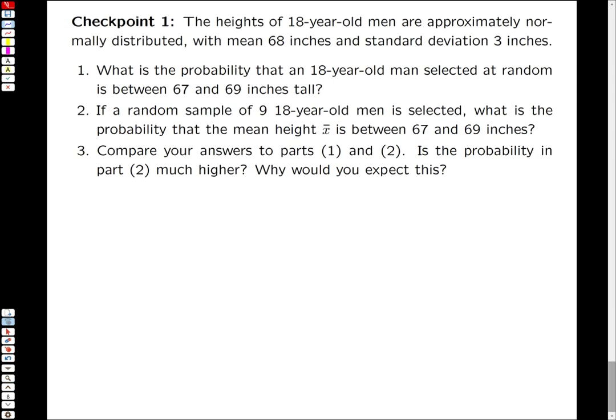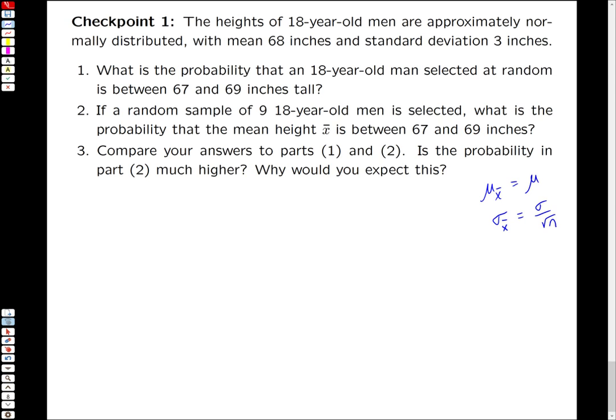Okay, this one's a checkpoint exercise. This is just like the first example that I did today. So write the basic information down. Well, I'll put the formulas on this page. The mean for the x-bar distribution is the mean of the original, and the standard deviation of the x-bar distribution is the standard deviation divided by the square root of n.